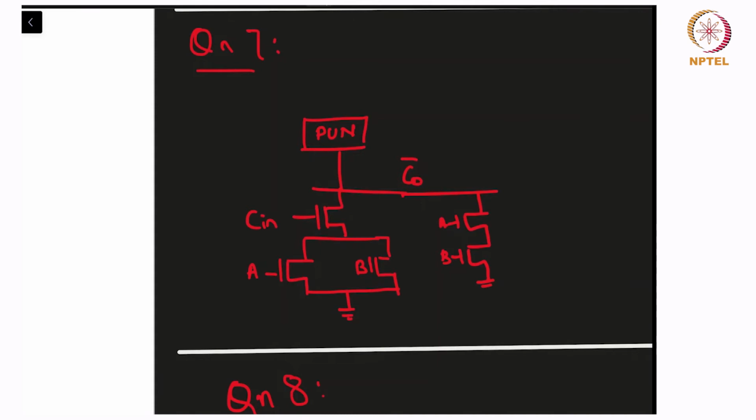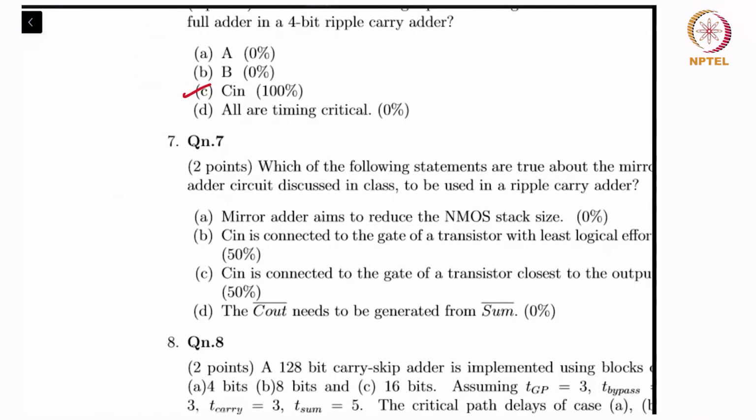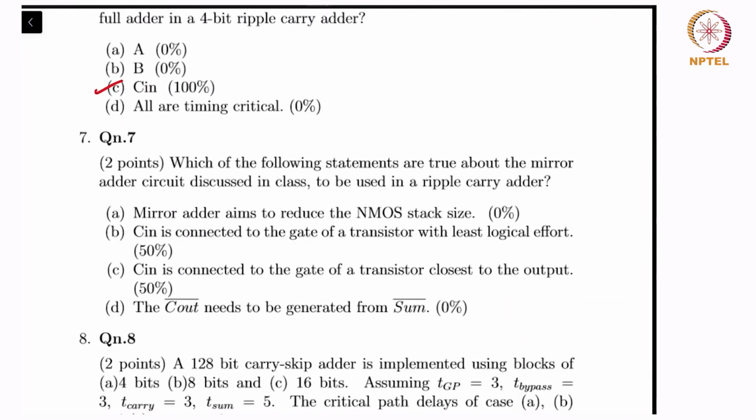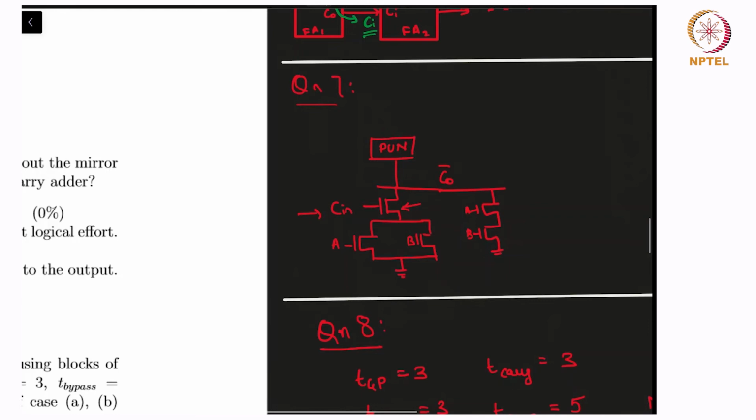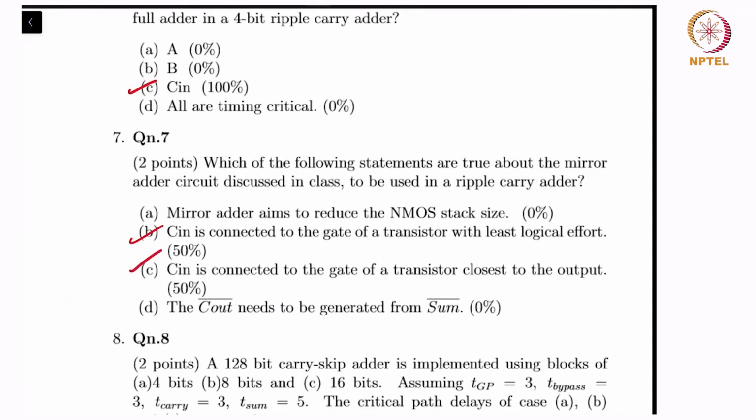All these transistors are of the same size, and so Cin is connected to the one with the least logical effort, because A goes to 2 transistors, B goes to 2 transistors, but C only goes to 1 transistor. And since they are all of the same size, we get that in the mirror adder, Cin is connected to the gate of the transistor with least logical effort. And of course, as you can see, Cin is connected to the gate of the transistor that's closest to the output as well.